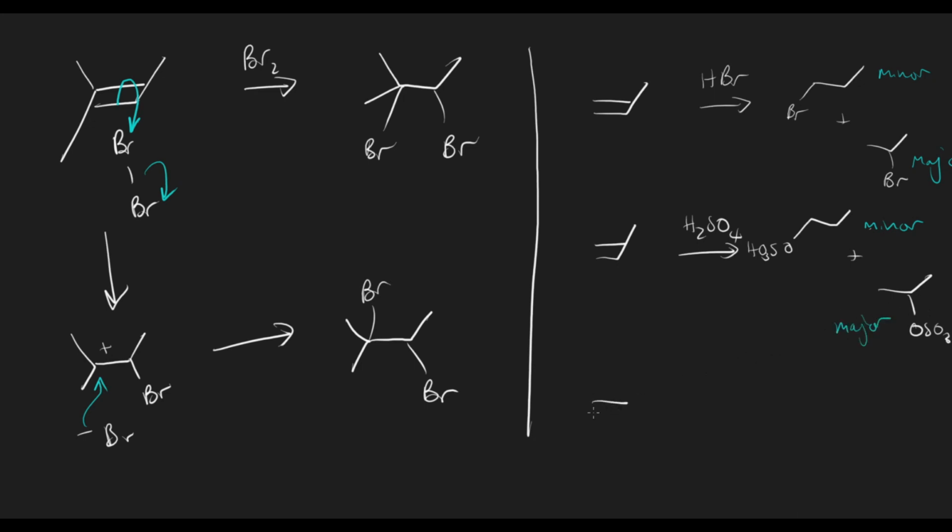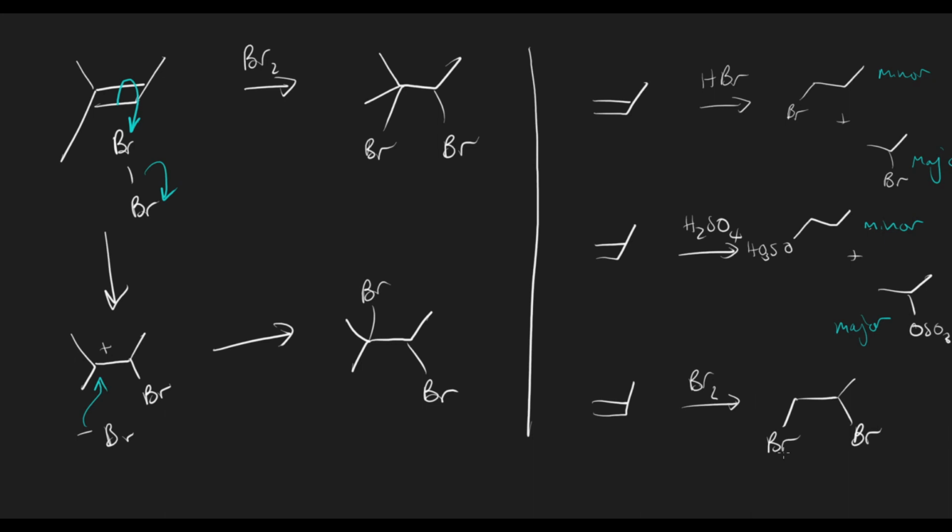And then finally, you need to be able to do the addition with bromine, and this gives you simply bromine added to each end. And there's only one product here because the addition product is the same for both of the sites.